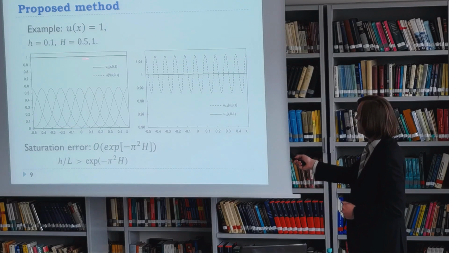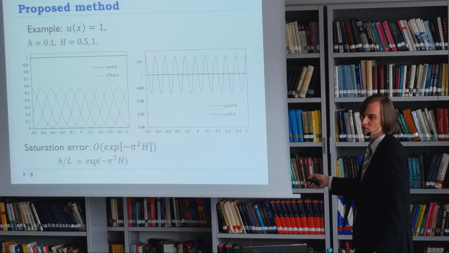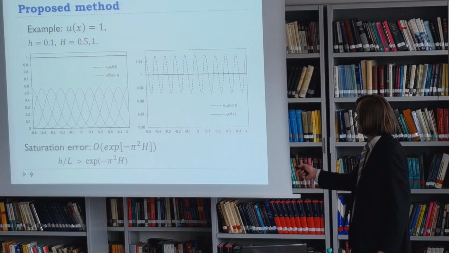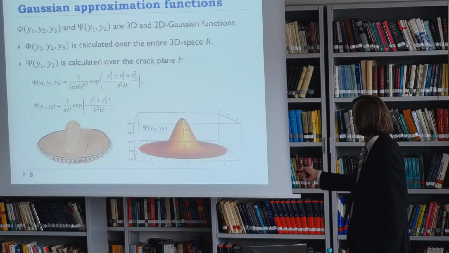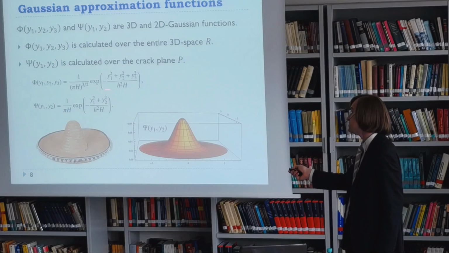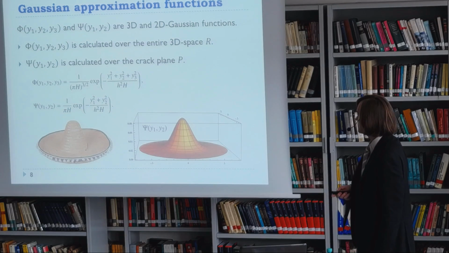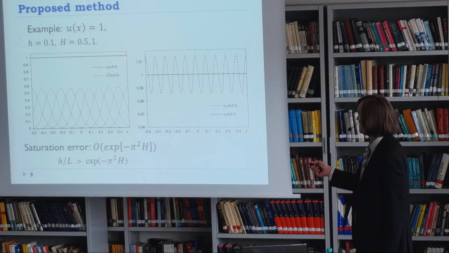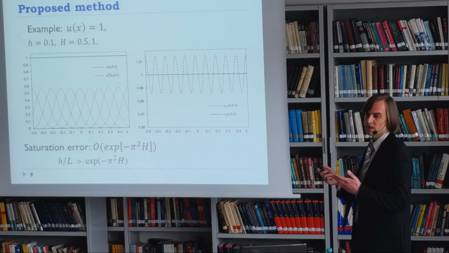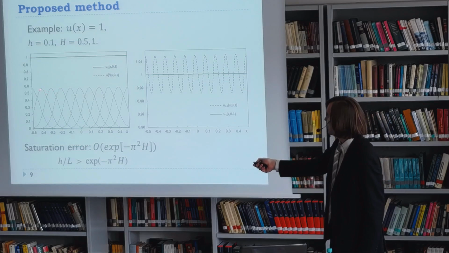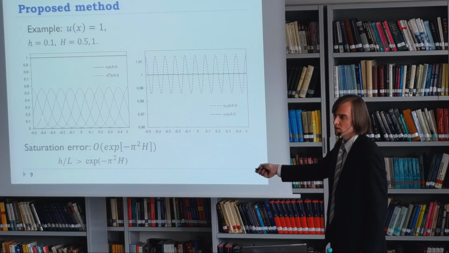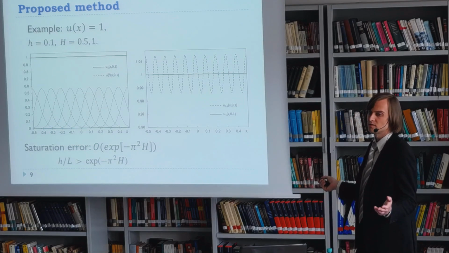So we have this 1, and we take a lot of Gaussian functions. We take a unidimensional Gaussian function, and we approximate this 1. So these are our Gaussians. The sum of these Gaussians calculated in our nodes should give us 1.